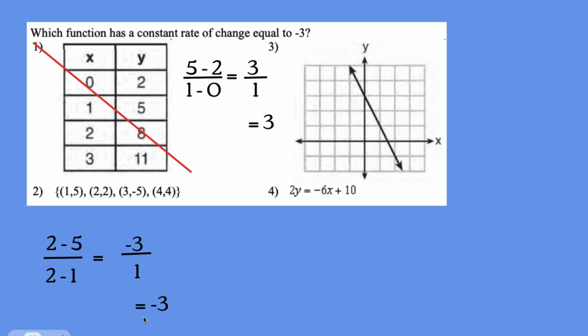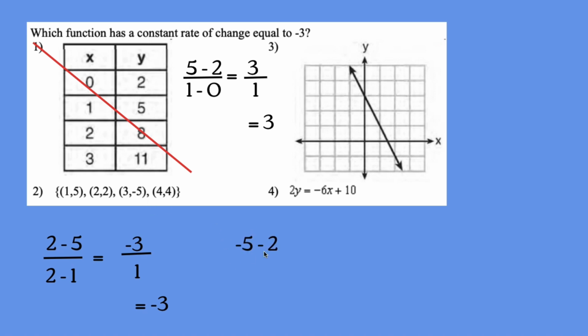But now we need to check if our rate of change is constant. The way we're going to do that is by using these two coordinates now: 2, 2 and 3, negative 5. We're going to plug it into the same formula.